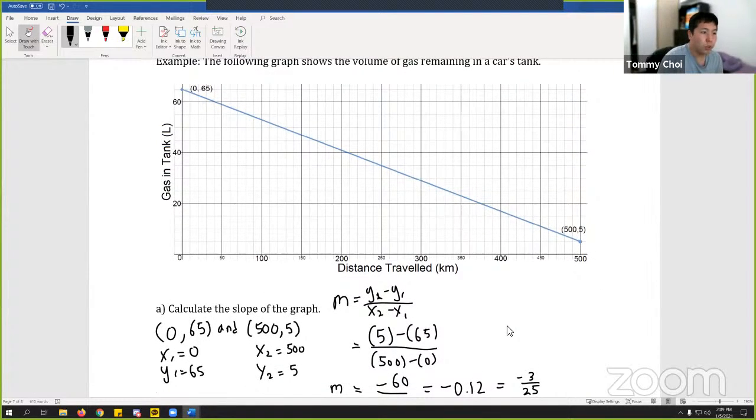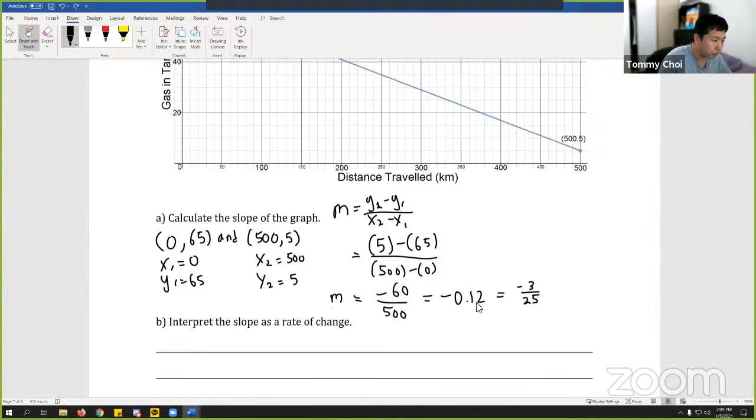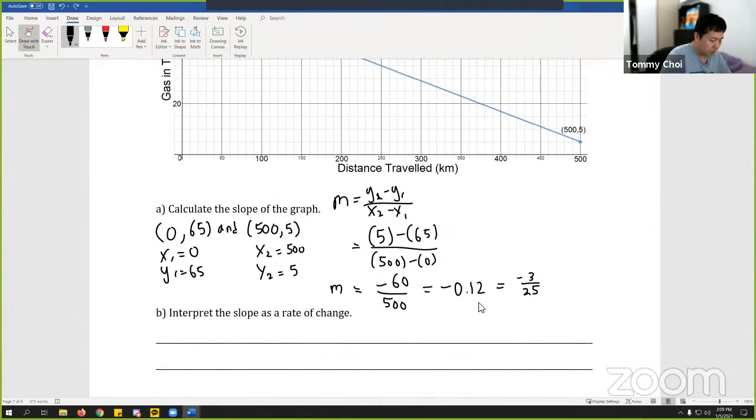Once again, we said the slope is rise over run, right? It's y over x. So what are the units? The units is L, and the units here is kilometers, km. So for us, the rate of change is negative 0.12, and the units would be liters per kilometer.